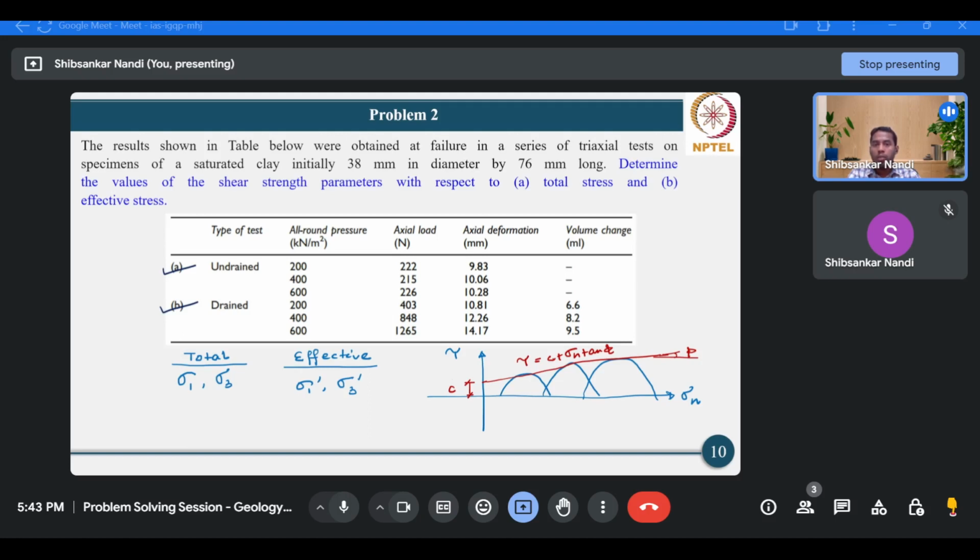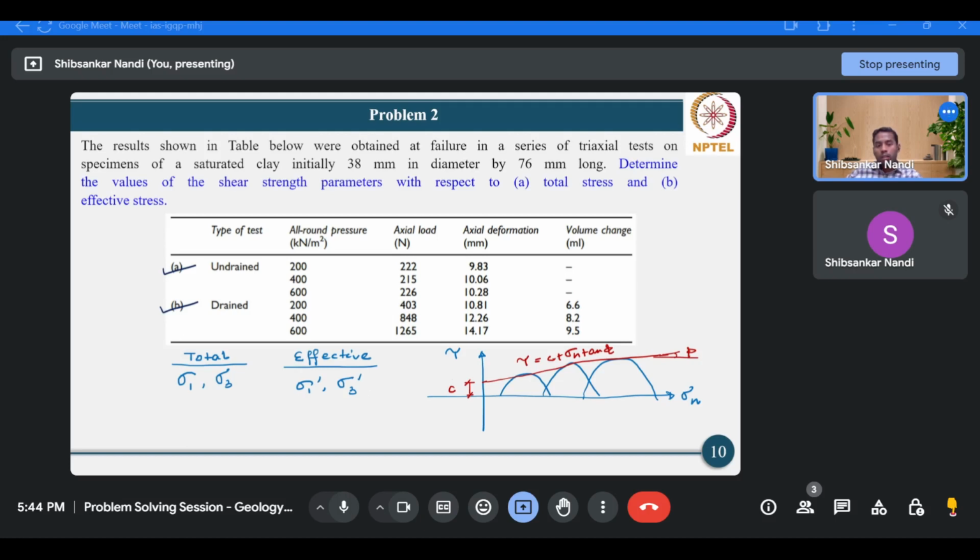Okay, so for this problem we are having data obtained from three tests. Now in some cases you can have more than three test data. In that case also you have to follow the same approach: first draw the Mohr circles, and then draw a line which will be tangent to all these circles.